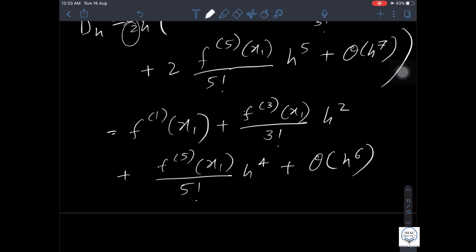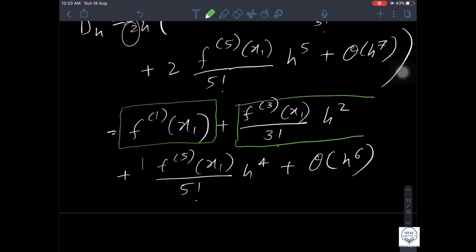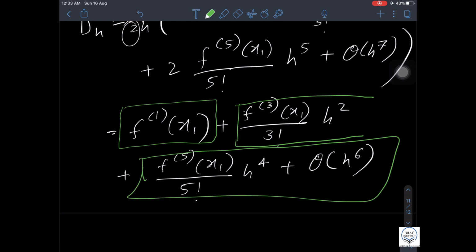All right, so now you can see that this is the exact value of the derivative, and whatever you have left here as rest, all of these terms are the error terms, right?